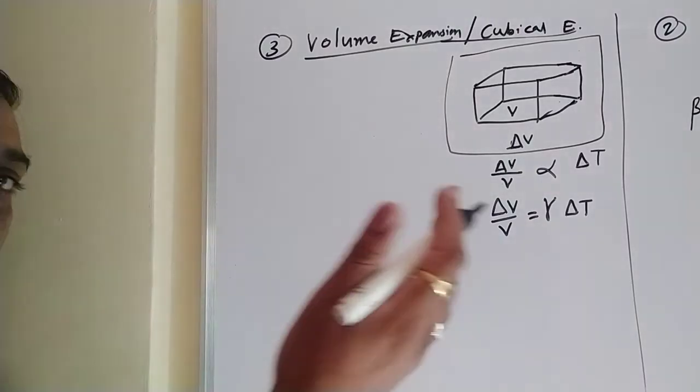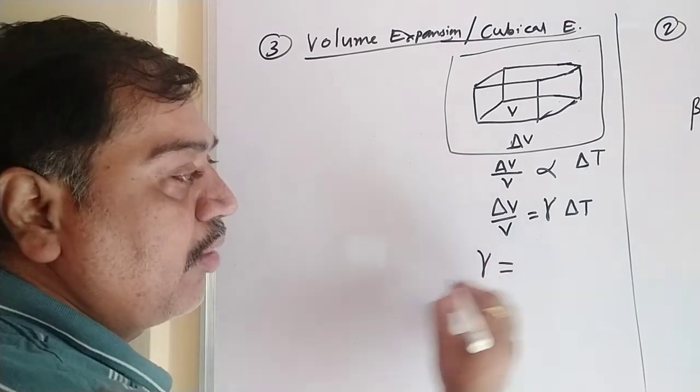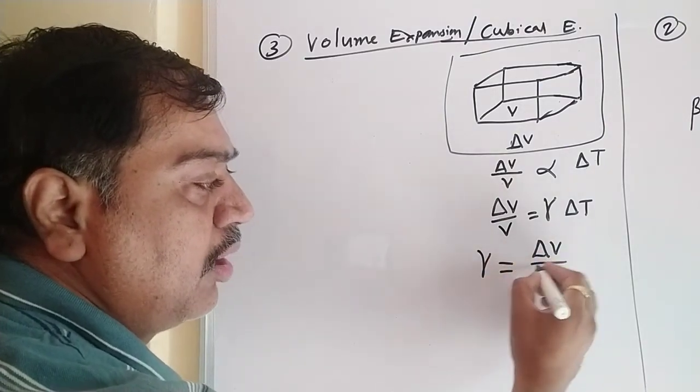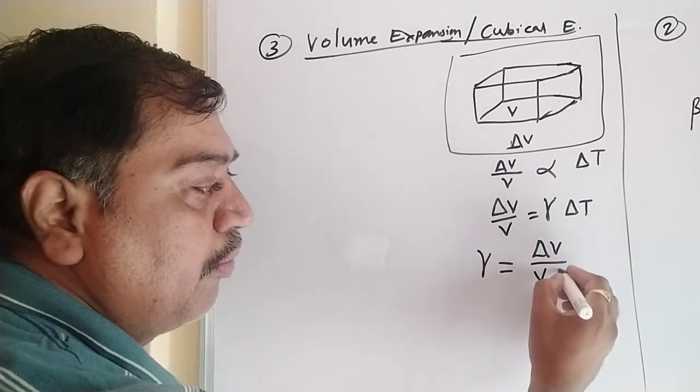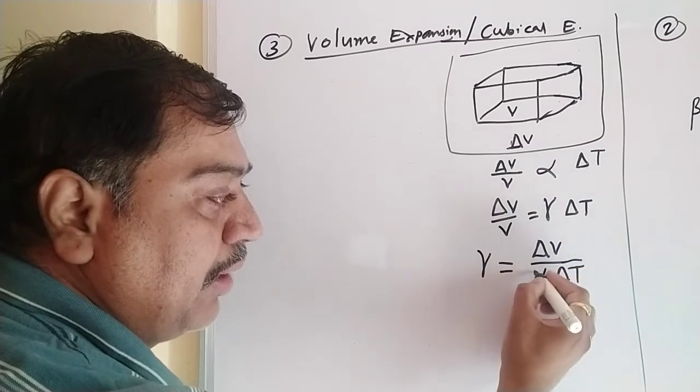Now again, just as we did initially, find out the value of gamma. So gamma equals delta V, change in volume, divided by original volume, divided by delta T.